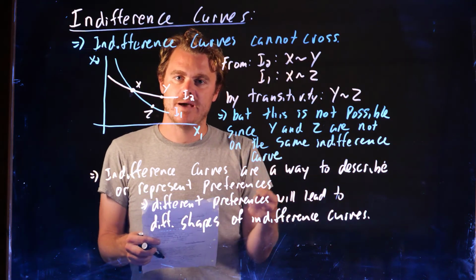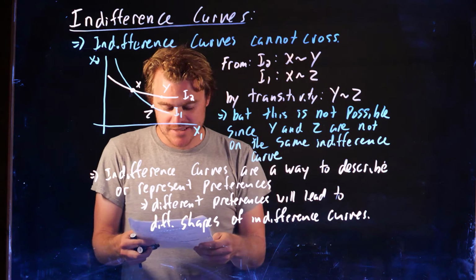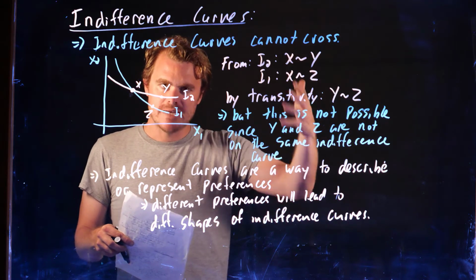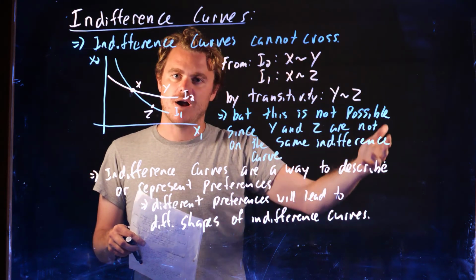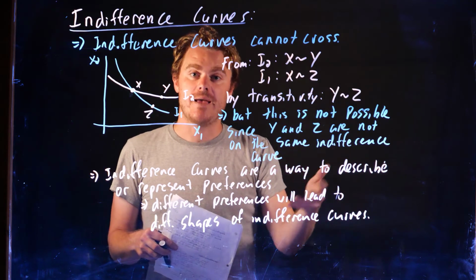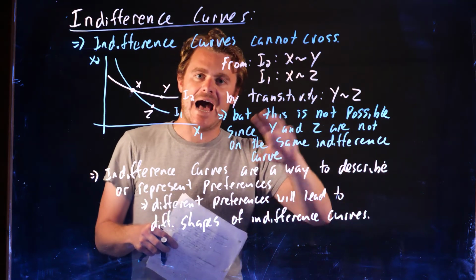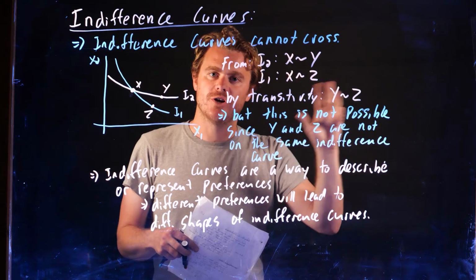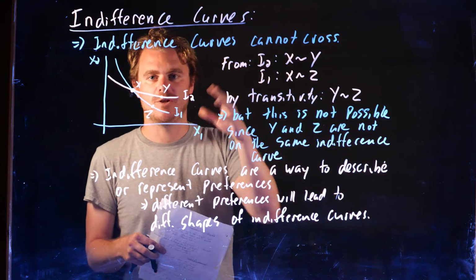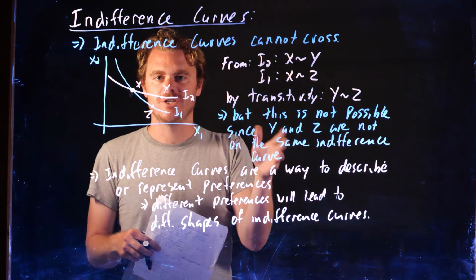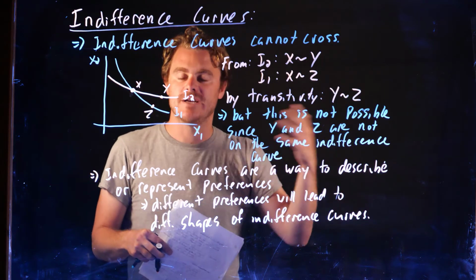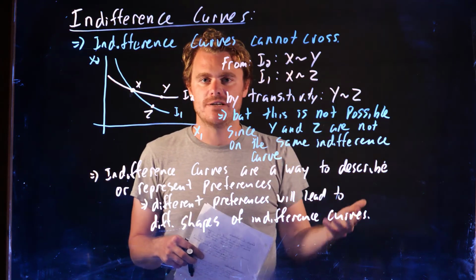And so you just gotta think about what shape they would look like. You can think about adding a bit of good 2 or good 1, and whether you'd have to give up a little bit more of good 1 or 2 to be indifferent towards them, or whether you can keep on adding a good and you're still indifferent towards them.